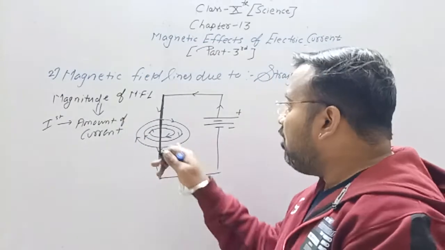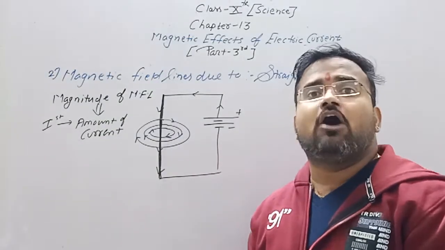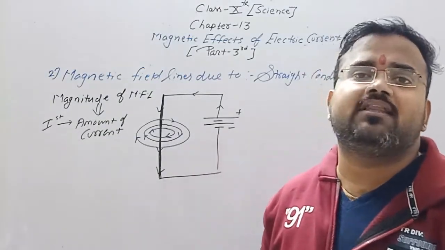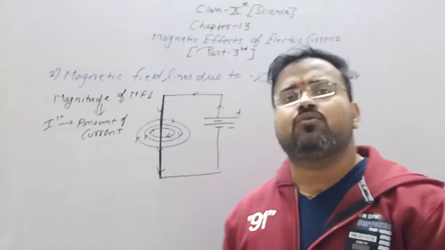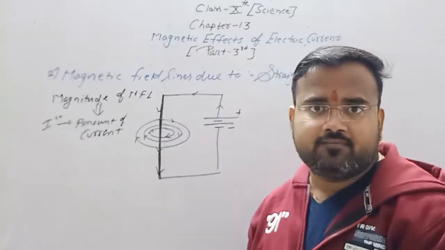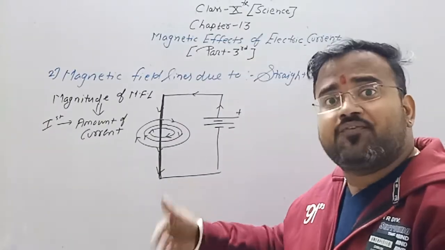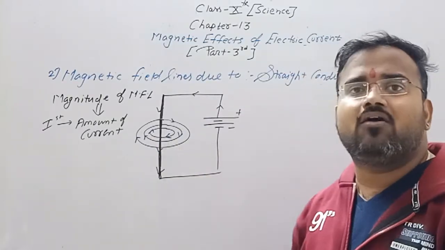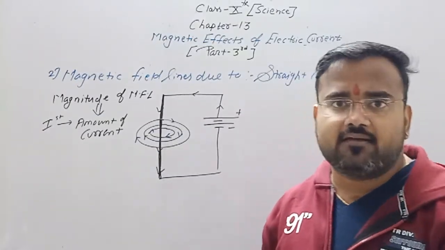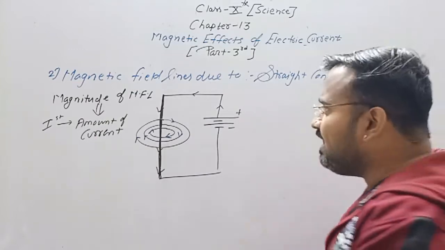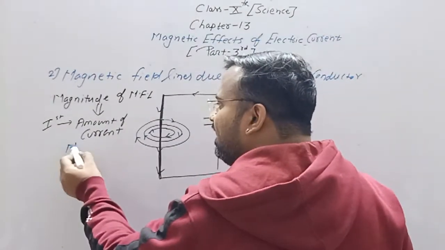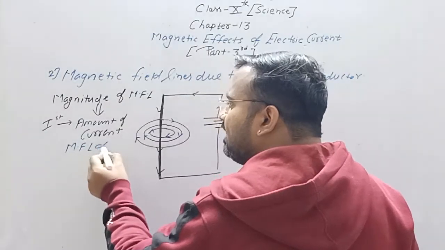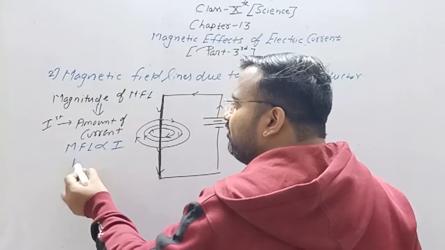How much magnetic field would generate, how many concentric circles would generate, depends on the amount of current passed through the conductor. If more current is passed through this conductor, more concentric circles of magnetic field lines would generate. So I can say that the magnetic field is directly proportional to the current.